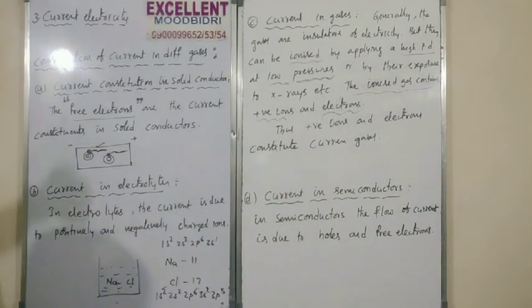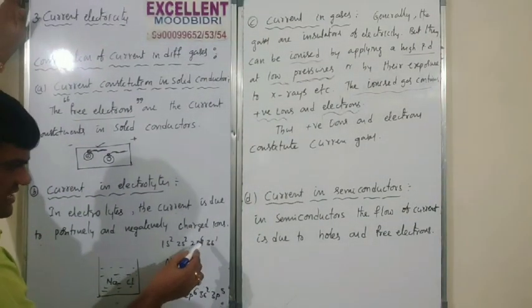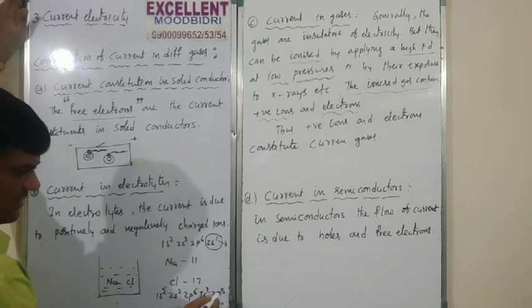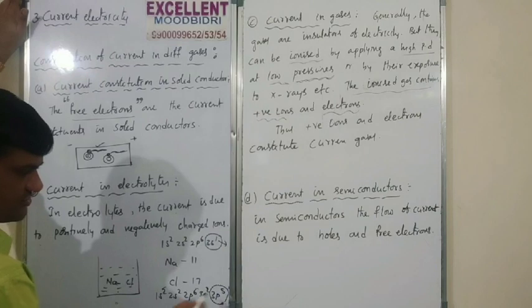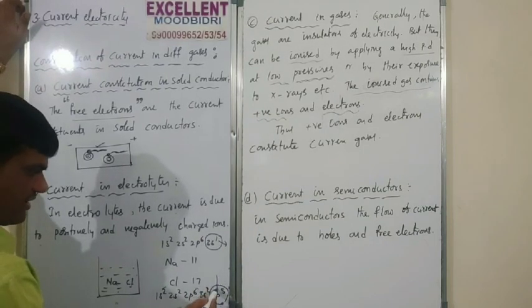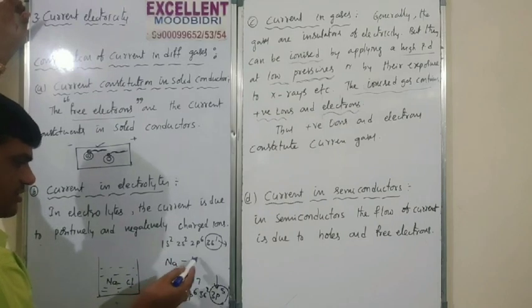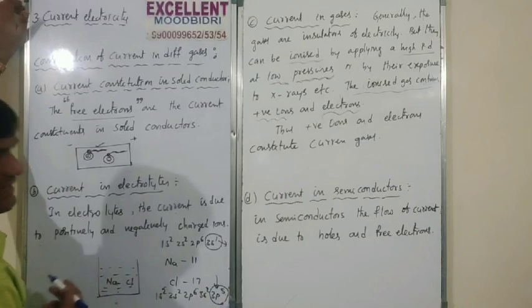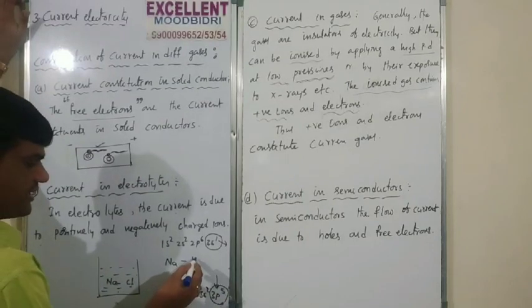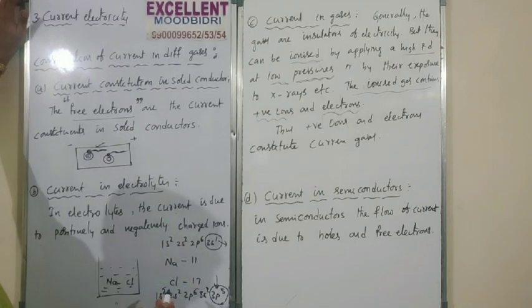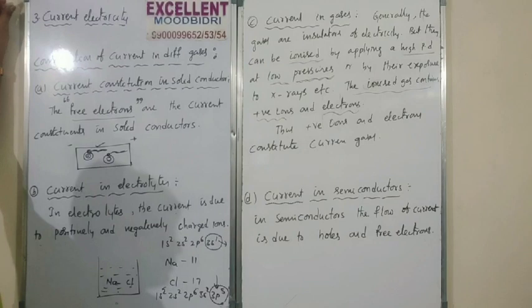So sodium has one free electron in its outermost shell, and chlorine has 7 electrons. For a stable configuration, sodium wants to lose 1 electron, and chlorine wants to gain 1 electron, to get a stable electron configuration.